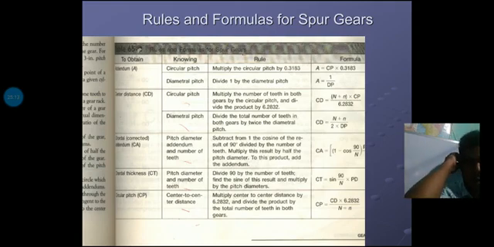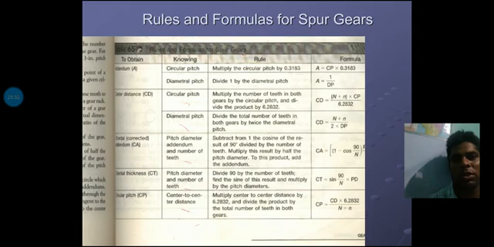Next, center distance: cd is equal to (N plus n) into Cp, circular pitch, divided by 6.2832. In terms of diametral pitch, divide the total number of teeth in both gears by twice the diametral pitch, so cd is equal to (N plus n) by 2 into dp, where dp means diametral pitch.